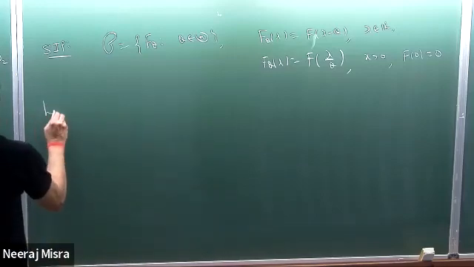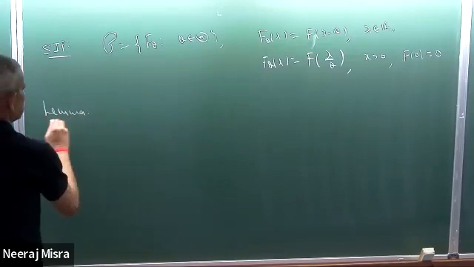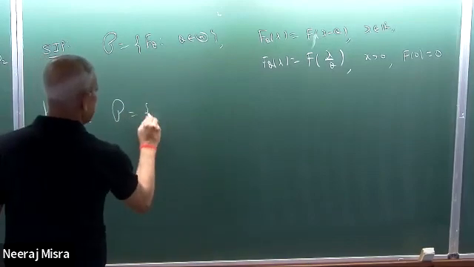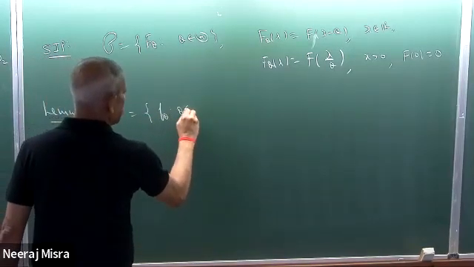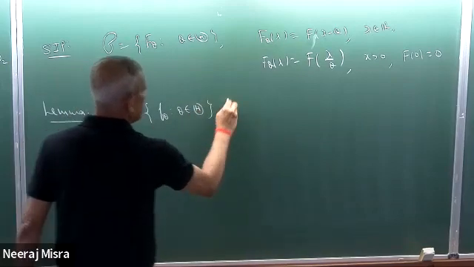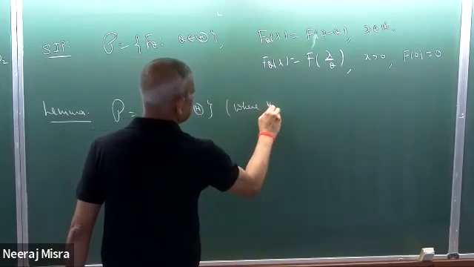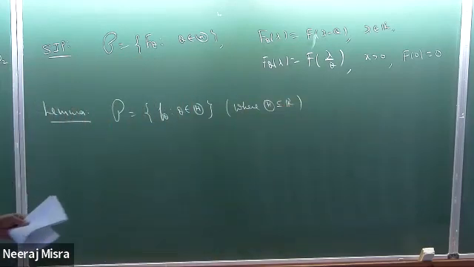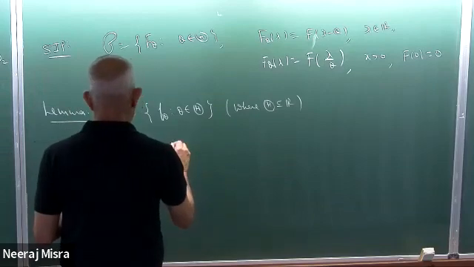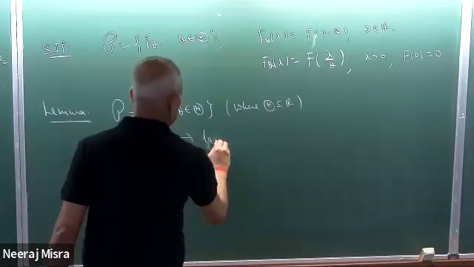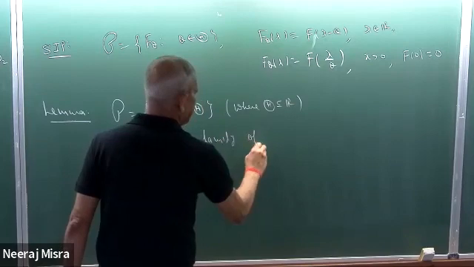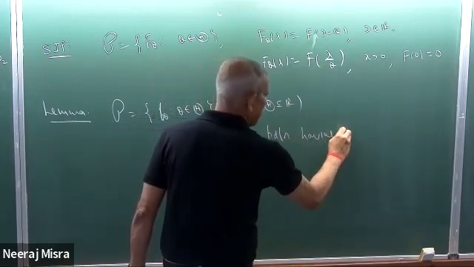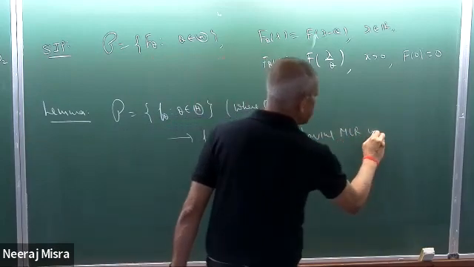So let me write down the lemma. P is {f_theta, theta belonging to Theta}, where Theta is a subset of R. This is a family of PDFs having MLR in some statistic T(X).